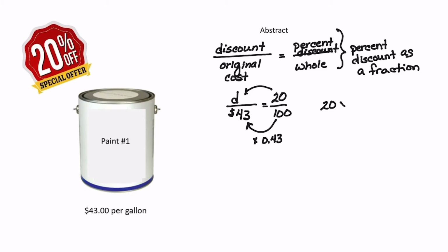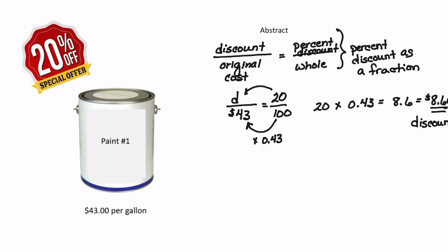I'm going to say 20 times 43 hundredths. And once I multiply that, that's going to give me 8.6, or 8 6/10. I'm going to change that to money, and that's going to be $8.60. That is going to be my discount.